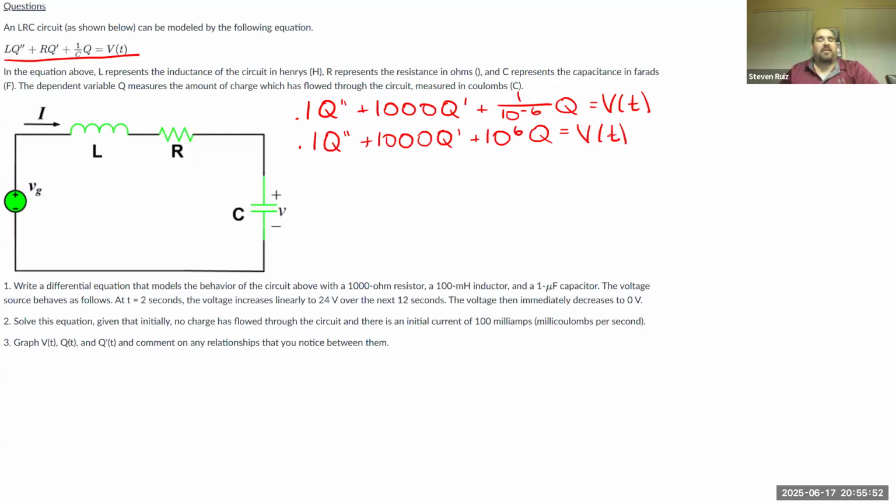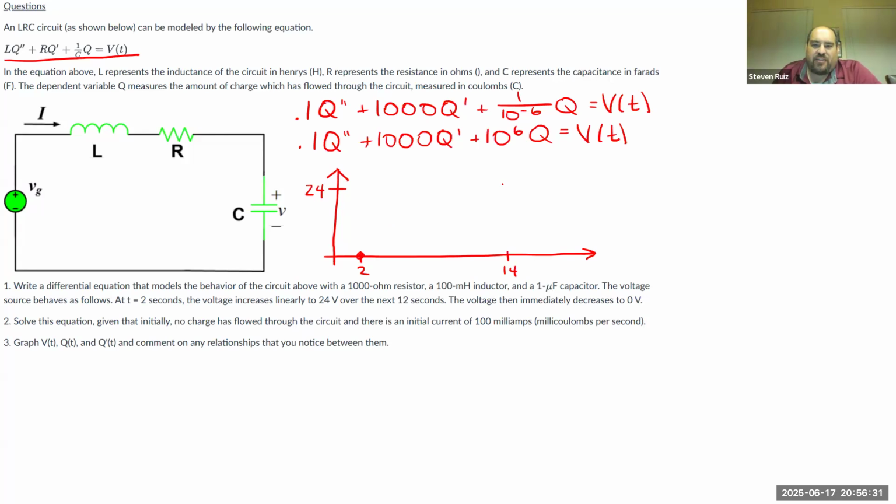What the heck is V of T? Let's draw a graph of what this looks like. It behaves as follows. At 2 seconds, the voltage increases linearly to 24 volts over the next 12 seconds. So t equals 2, t equals 14, and we're starting at 0 volts, and then it goes to 24 volts.